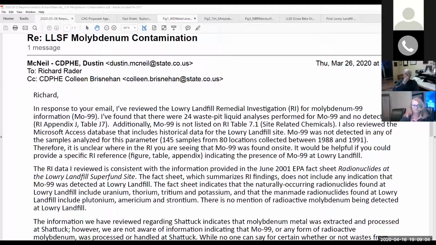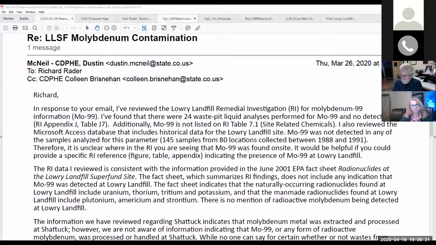A number of the messages provided some supplemental information related to the Shattuck site in Denver, and referenced that molybdenum-99 had been detected or identified at the Lowry landfill site. So this response was to a series of those questions of molybdenum, but really specifically molybdenum-99.